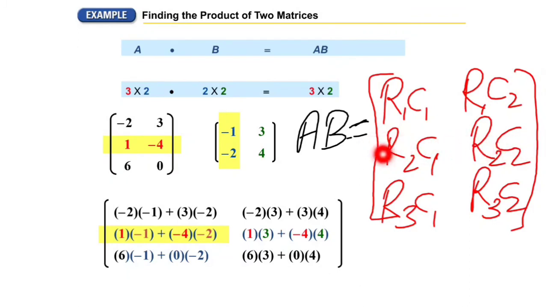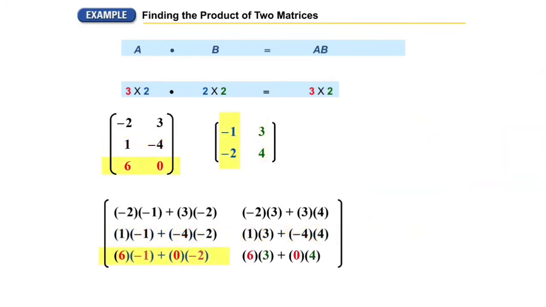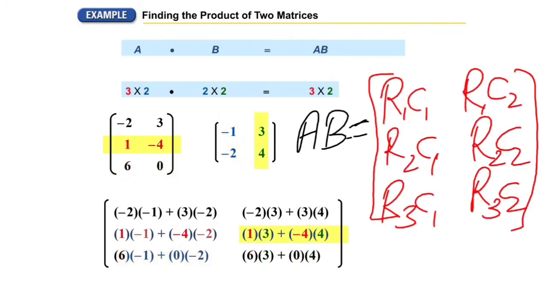Second row of this product, that is 1 into -1 plus -4 into 2, you have to write here. Okay, means R2C1. Next one is R2C2, that is equal to 1 into 3 plus -4 into 4.